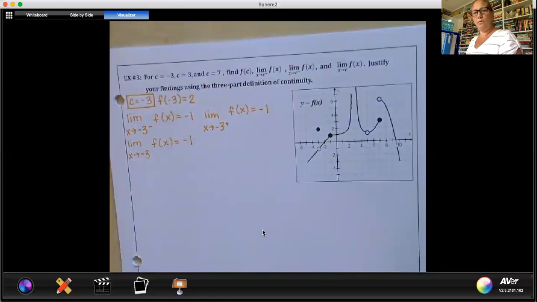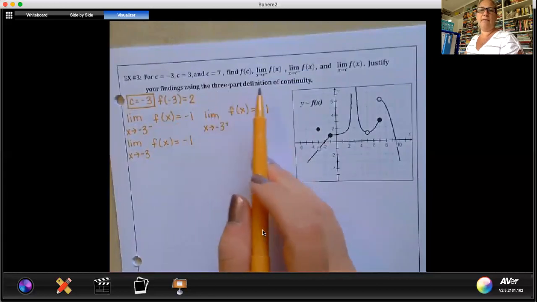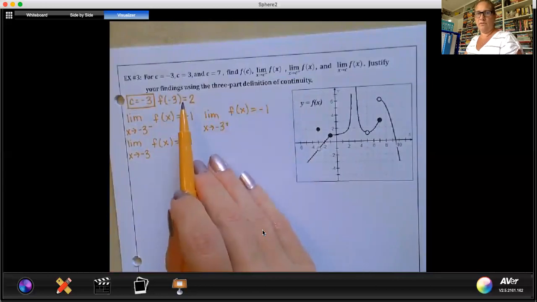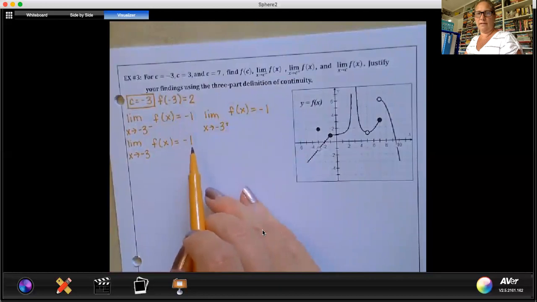So to determine whether or not we have a continuous function, we have a functional value and an overall limit, and they are different.